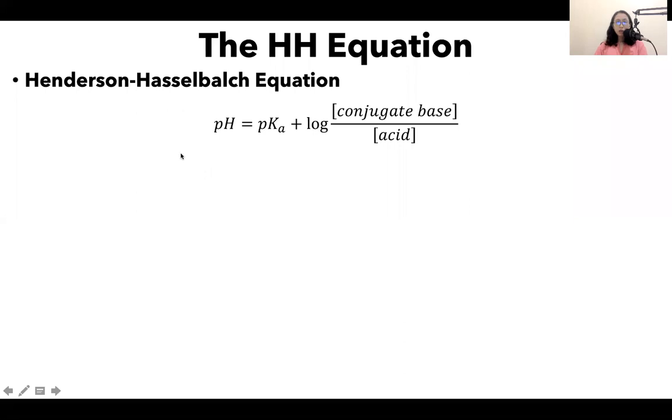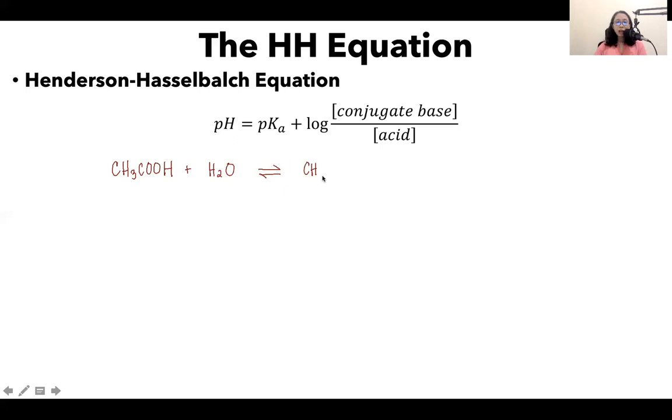If you recall, let's use acetic acid as an example. So this will be the weak acid component of our buffer. And I will write first its dissociation reaction in water. So I have acetic acid plus water. And now I'm writing a double-headed arrow because it's a weak acid.